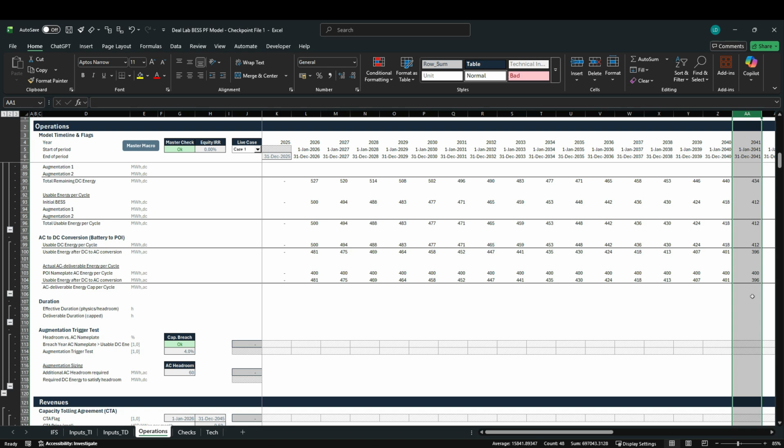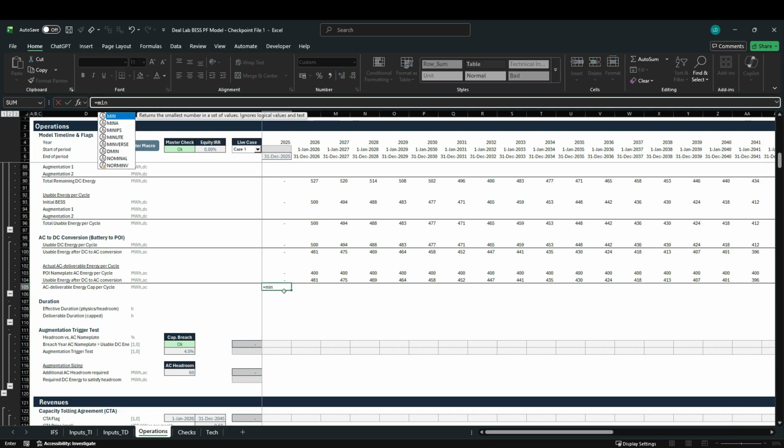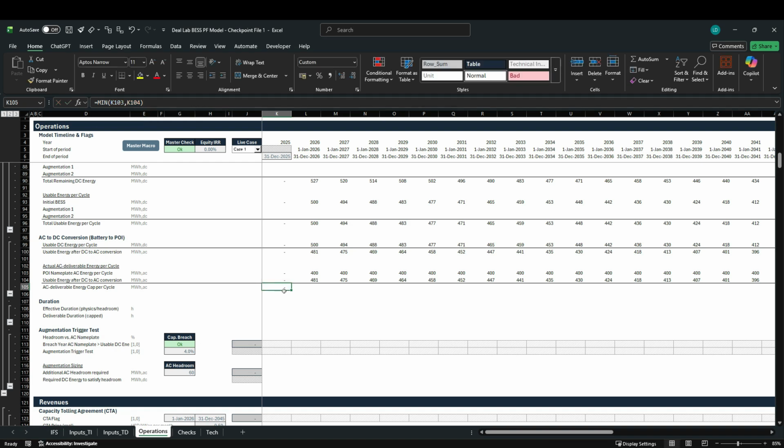deliver 400 megawatt hours. So what we'll do here is have a min formula, and we just take the minimum of the two, of our contractual obligation and our physical capability of delivering this energy.